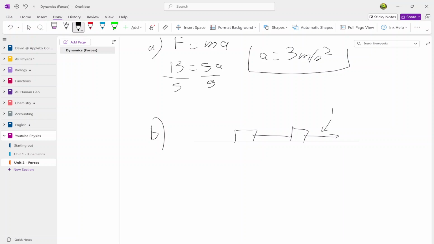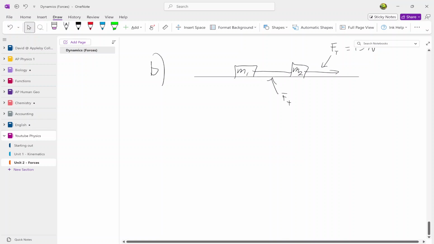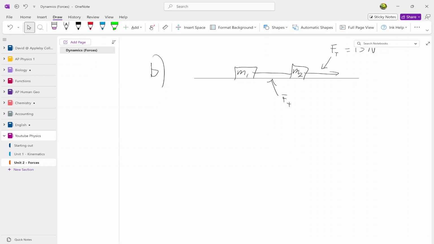So we know this Ft equals 15 newtons. But now we're trying to find this tension force in between the actual boxes. So what will we do here? Well, let's state what is actually going on. If it's moving to the right, we know that the system's acceleration is 3 meters per second squared. So that means we know the whole thing is moving to the right.